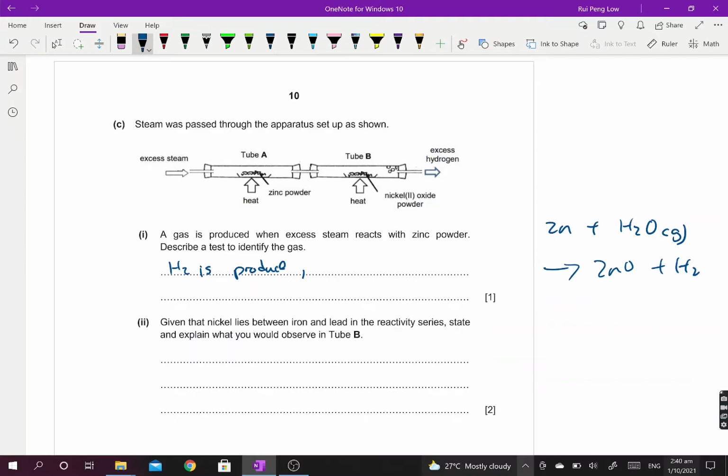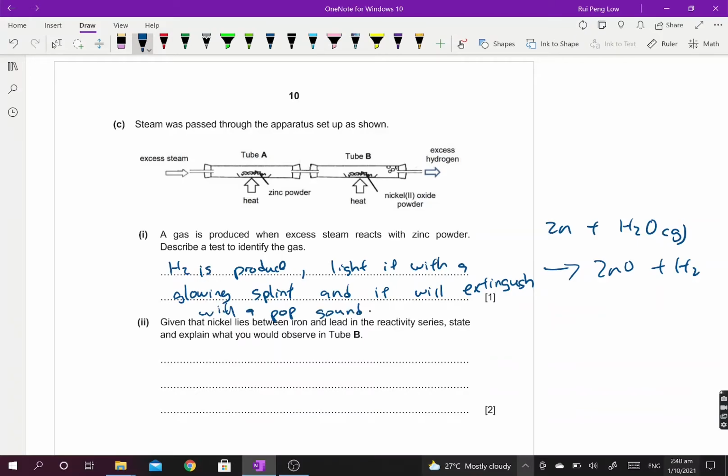Quite straightforward. Light it with a lighted splint, and it will extinguish with a pop sound.